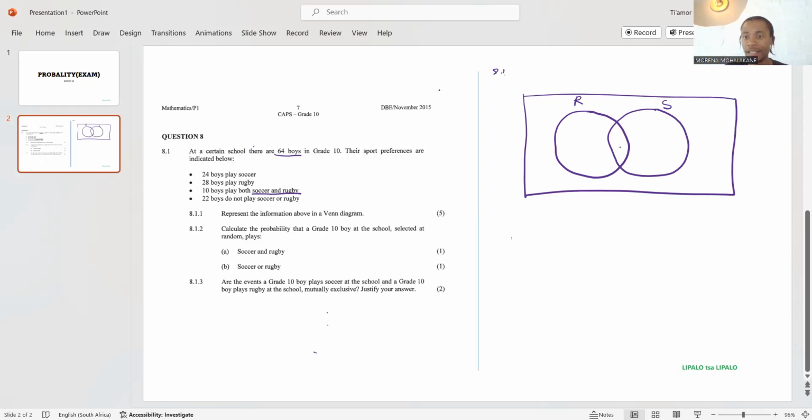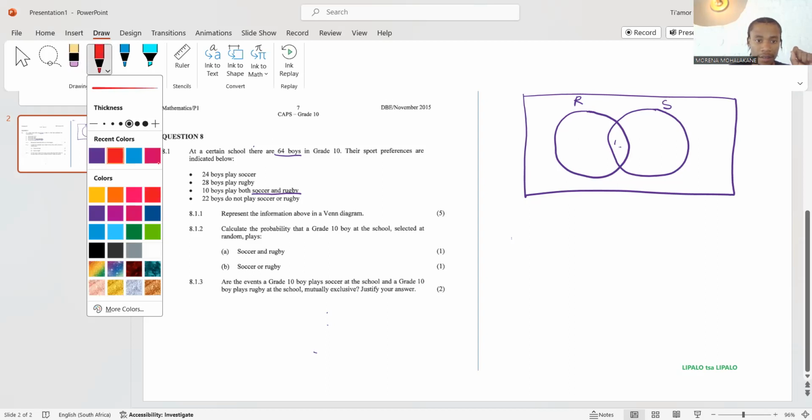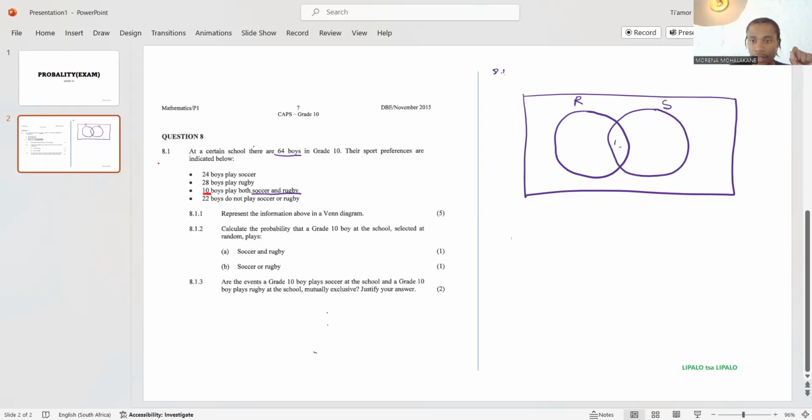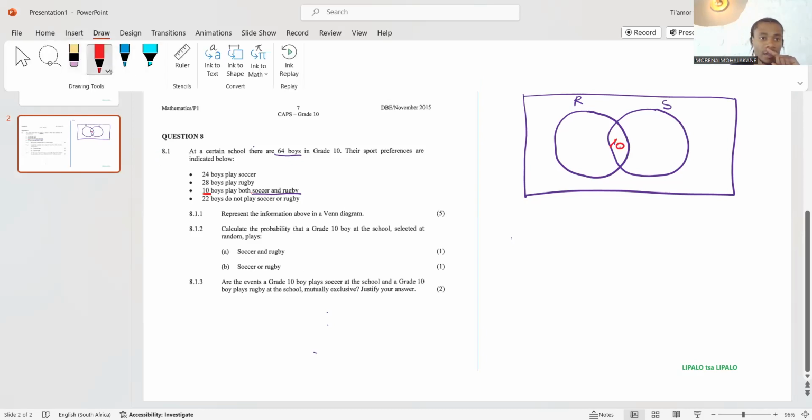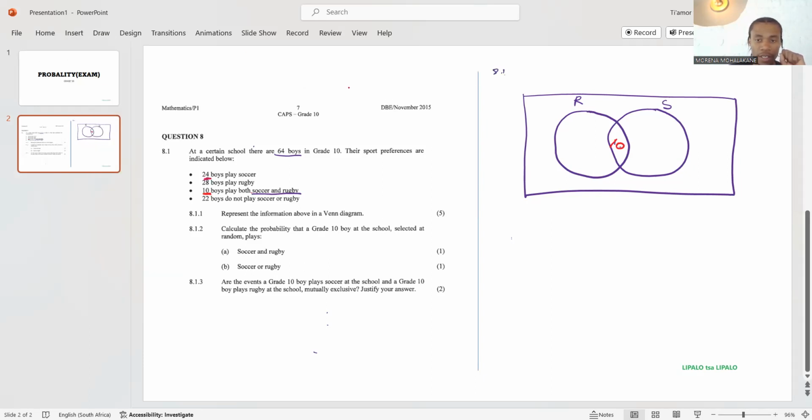Now, I know that's the start, right? I'm going to start with the 10. Start with this 10. 10 boys do rugby and soccer. Then we have 24 that play soccer. Because of these 10 that play soccer and rugby, they're also included in the 24.